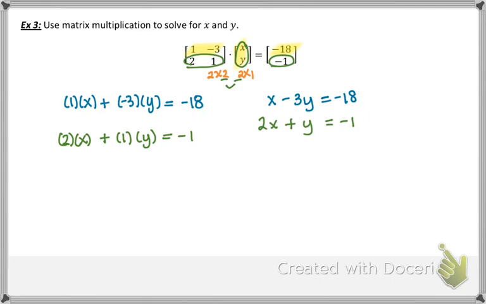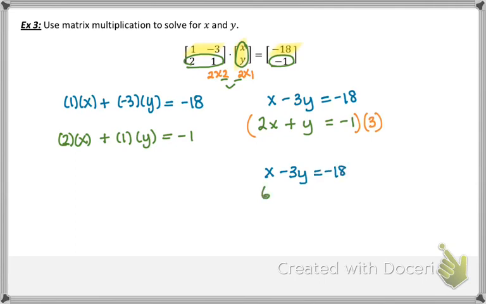Let's do substitution or elimination. Okay, so in this case, I'm going to do elimination and multiply the second equation by 3 to make opposites. And I'm going to rewrite this. So x minus 3y equals negative 18.